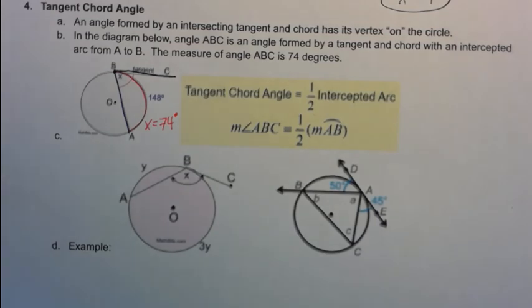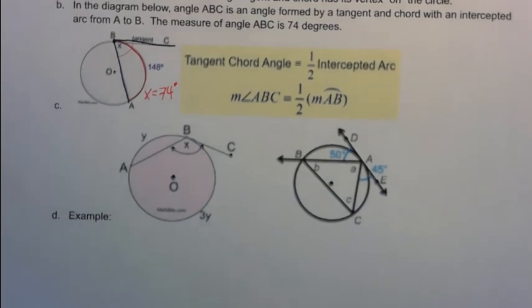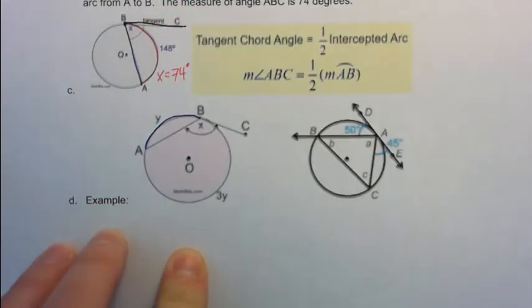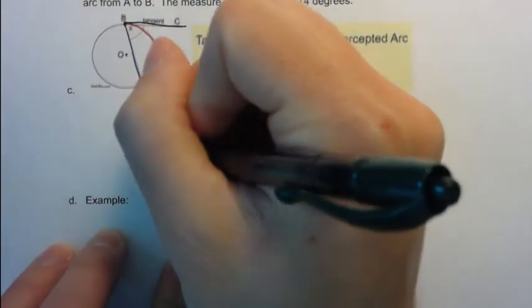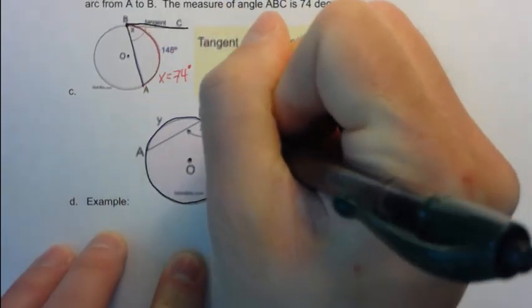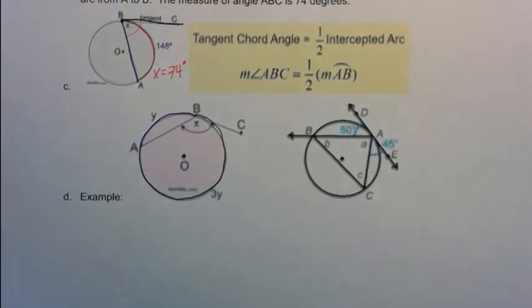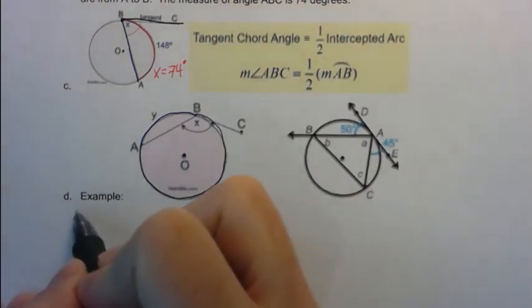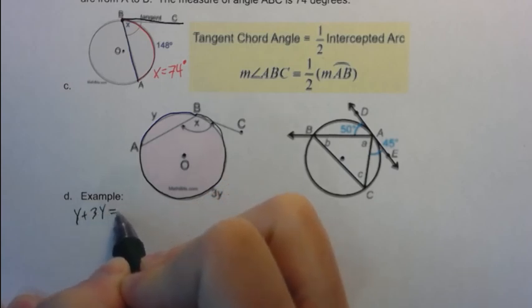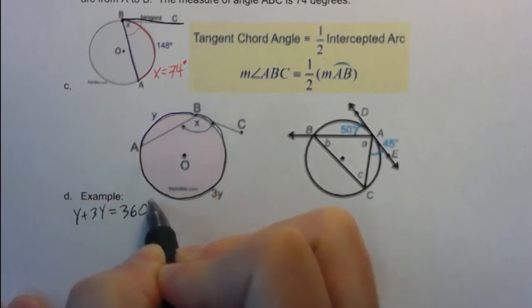All right, so we have two examples here to walk through. They're both pretty different from each other. So let's try the one on the left first. First of all, we have one arc over here that's y, and the rest of the circle, which we're going over in green here, is 3y, which means that we have y plus 3y equal to 360 degrees.